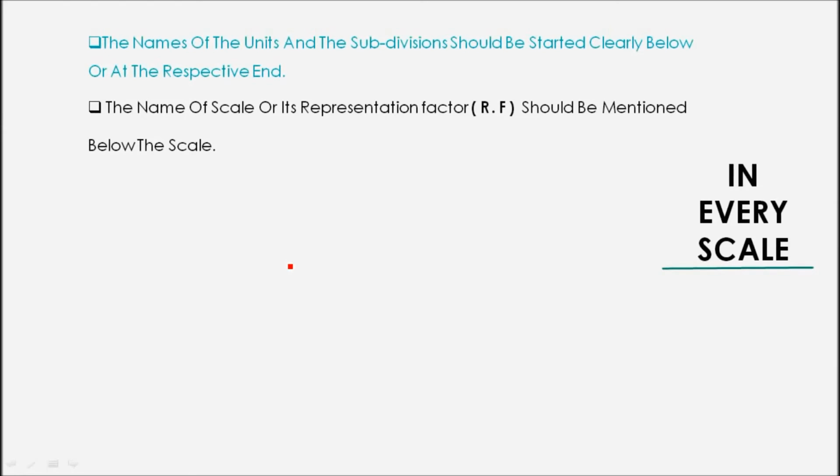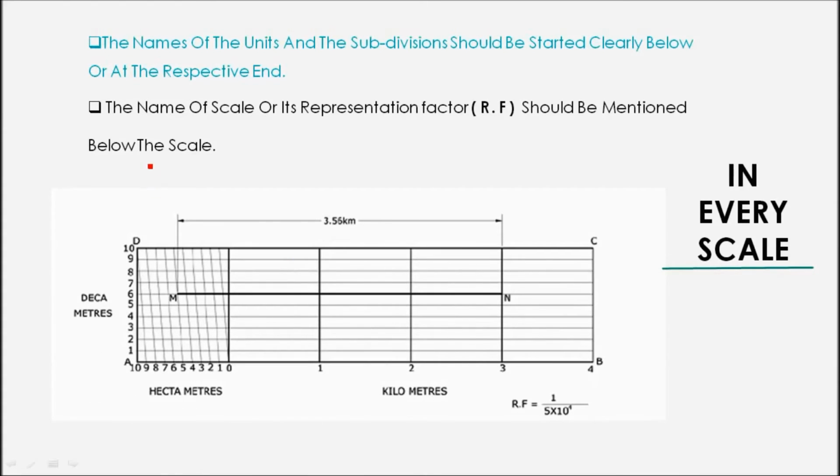Okay, the next point is that the names of the units and subdivisions should be stated clearly below at the represented end. So here is a very important thing. From an exam point of view, this is very important for getting good marks. If you represent the whole diagonal scale without giving attributes like 0 1 2 3 or units or any representation factor below the diagram, the examiner won't consider the drawing, and you will definitely lose marks. So please pay attention to this point.